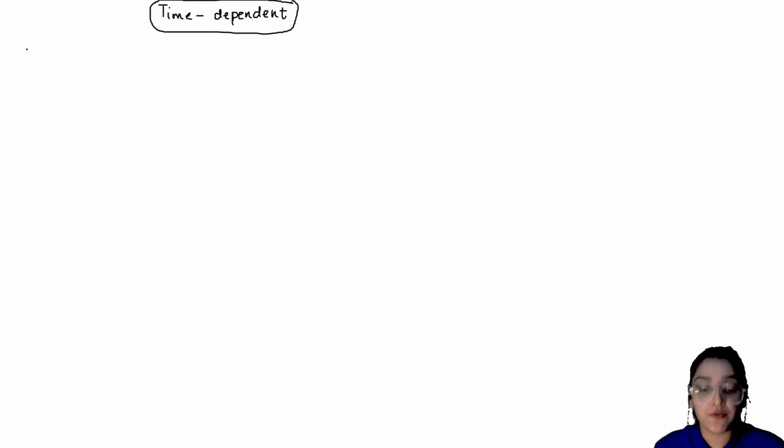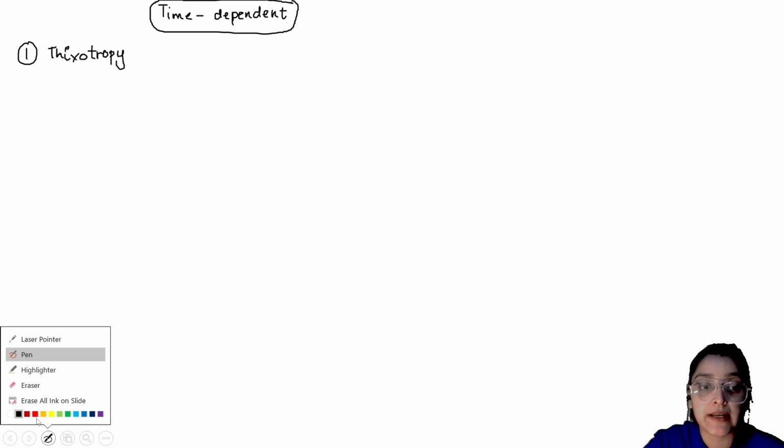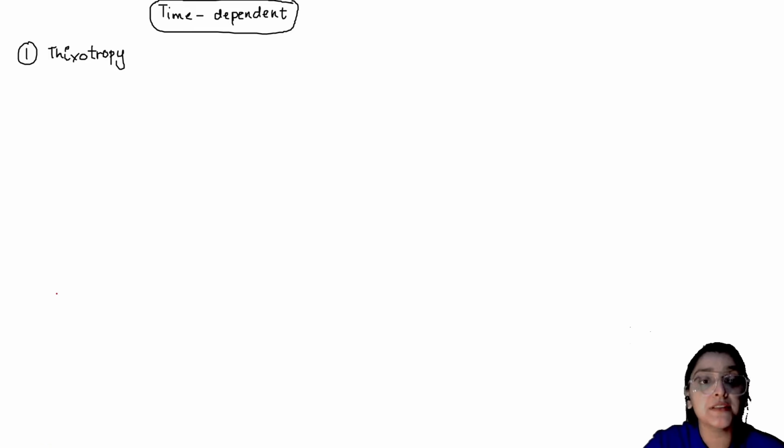So one by one we have to see. First that you have to study is thixotropy. Very important students, I'll mark those points with a star, from which questions can be asked directly. So first is thixotropy.